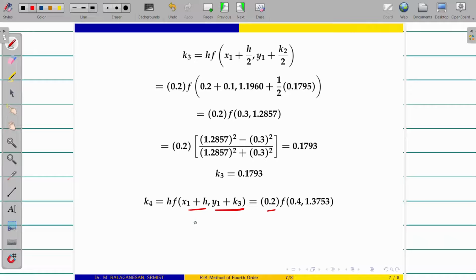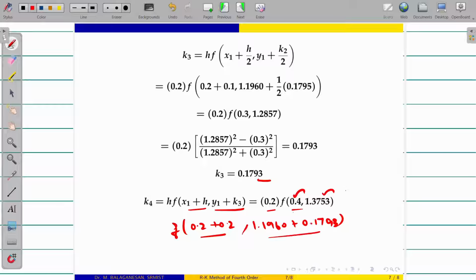Substitute the x1 value: x1 is 0.2 plus h value 0.2, comma, y1 is what we found in the previous one, 1.1960, plus K3 just found, 0.1793. So this addition will give this.